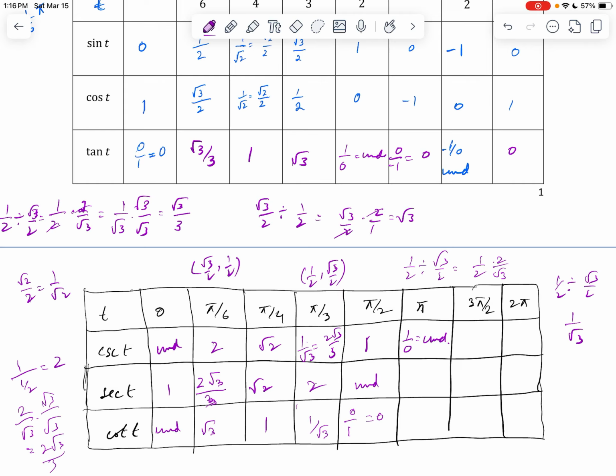Now the x coordinate is 0 and the y coordinate is -1. So we get cosecant is 1 over y. So we are getting 1 over -1. So -1. And secant is 1 over x. 1 over 0. Undefined.